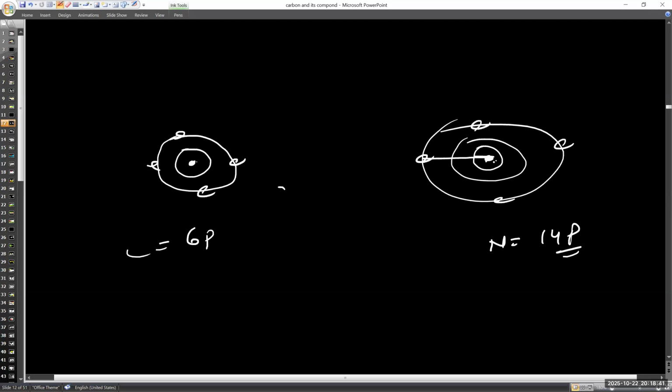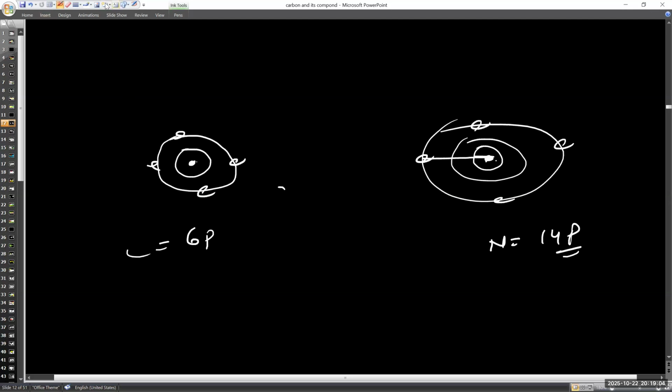The reason behind it is very simple. The question is that even though the size is increasing and the outermost shell is going far away, the nucleus is also becoming powerful in silicon. Then why is silicon not able to make a large number of chains?